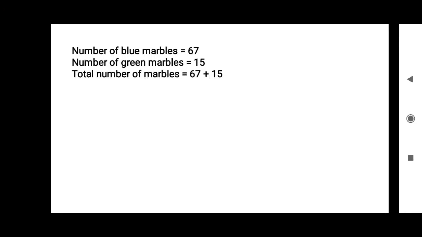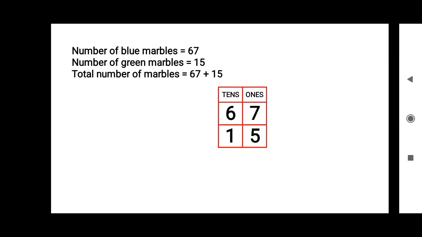Now let us add these numbers. So I will write the place value ones and tens, then the numbers in the boxes 7, 6, and again the next number 5 and 1, that is 15. Then I will add the numbers according to their place value.